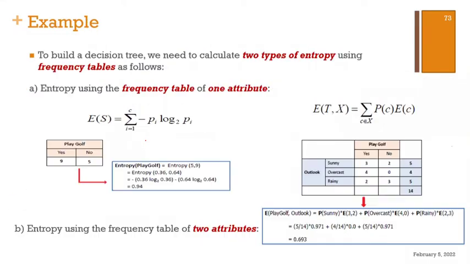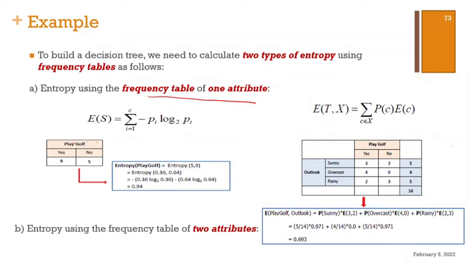Now let's see how we calculate entropy as an example. To build a decision tree, we need to calculate 2 types of entropy using frequency tables. The first one is entropy using the frequency table of one attribute. Sometimes you have only one attribute, for example, Play Golf, which is the main thing we were given from the beginning.